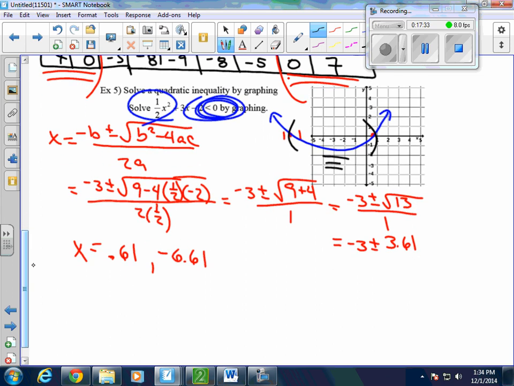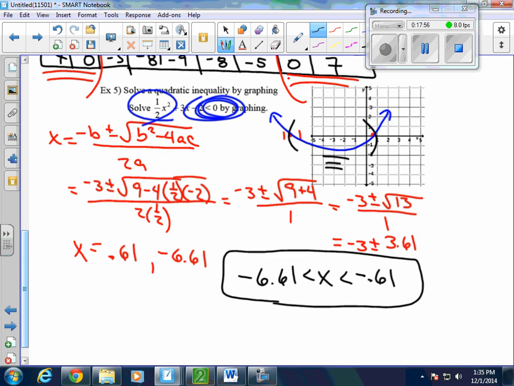That tells us that negative 6.61 is less than x, which is less than 0.61. Notice here it wasn't less than or equal to, so it's not less than or equal to, and it has to be in between those two. So this one is an AND statement where my y values are negative.